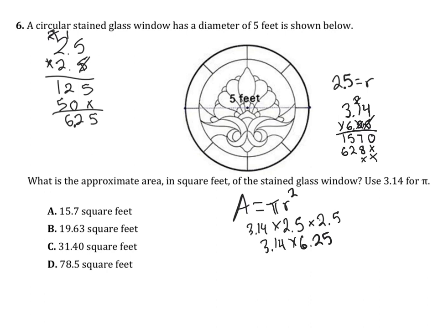6 times 4 is 24. Put the 4. Carry the 2. 6 times 1 is 6. Plus 2 is 8. And 6 times 3 is 18. Let's add. So we get 0. 8 plus 7 is 15. Carry the 1. So we have 5 plus 1 is 6. Plus 2 is 8.